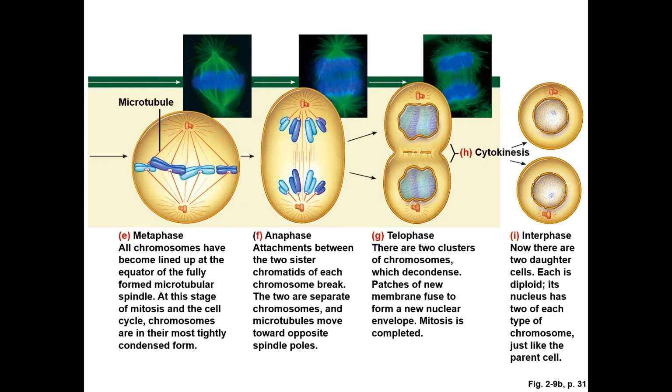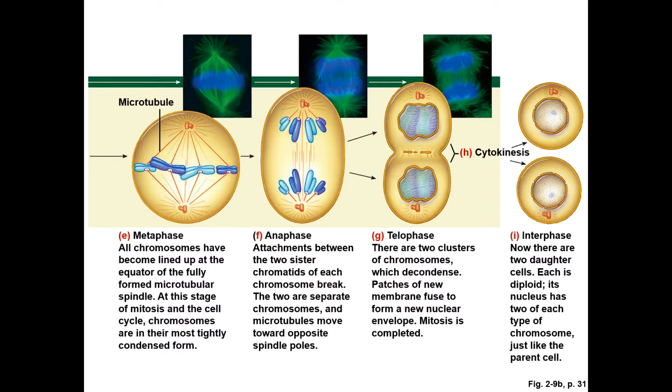Continuing on, step E. At metaphase, all chromosomes have become lined up at the equator of the fully formed microtubule spindle. At this stage of mitosis in the cell cycle, chromosomes are in their most tightly condensed form. Step F, anaphase. Attachments between the 2 sister chromatids of each chromosome break. The 2 are separate chromosomes and microtubules move towards opposite spindle poles.